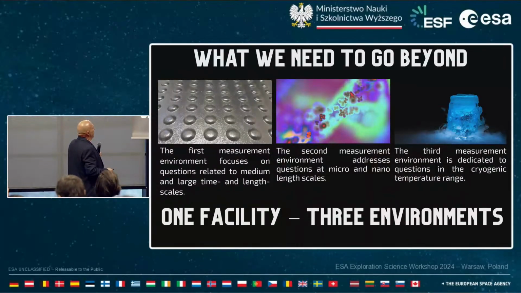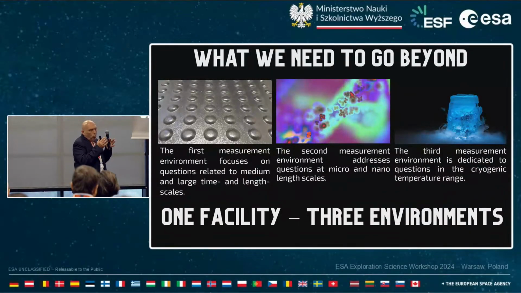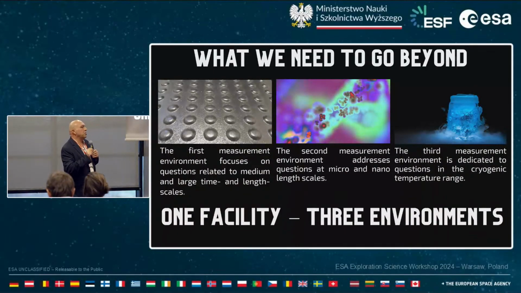I summarize saying that we would need one facility and to try to recreate 3 different environments. Only because when discussing internally in the facility definition teams, we chose basically to categorize the open points based on the kind of typical size scale, like for example, micrometric, centimetric scale, or nanometric scale in terms of the typical length of the phenomena, or to consider a specific environment, like for example, cryogenic.